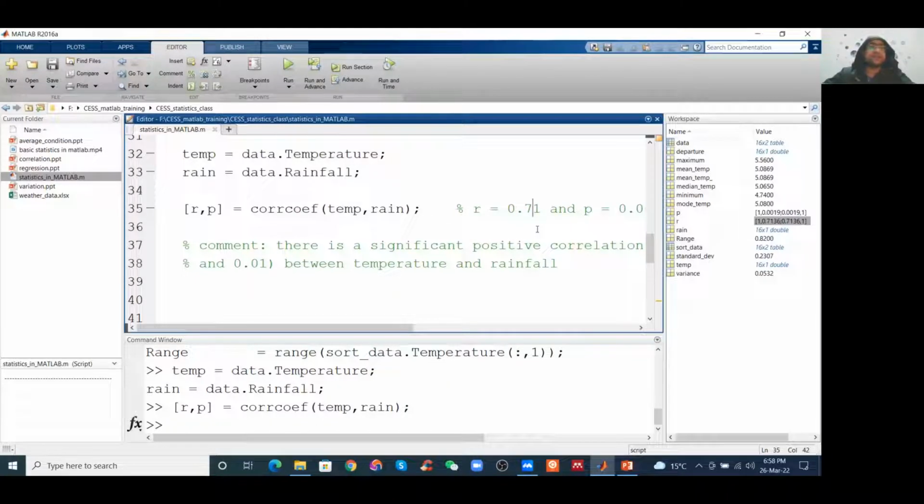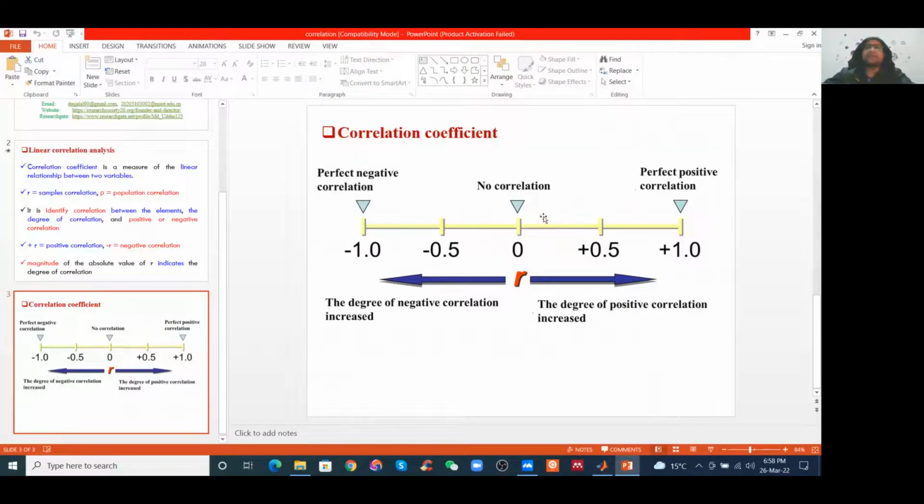This is a statistics class, so understanding is the key. You can calculate the correlation coefficient, but if I don't give this background and explanation, you can't explain your results, isn't it? It's like the number of publications: just publishing a lot of papers, but you don't have the knowledge. It's not good.